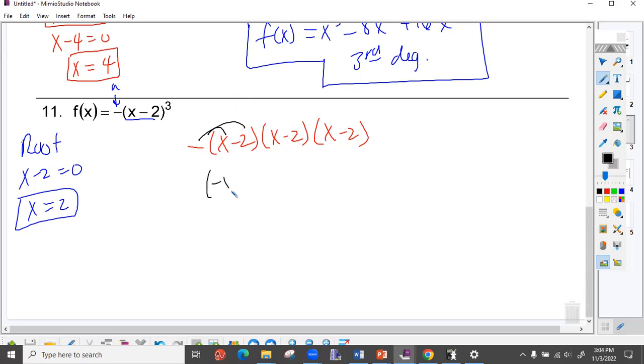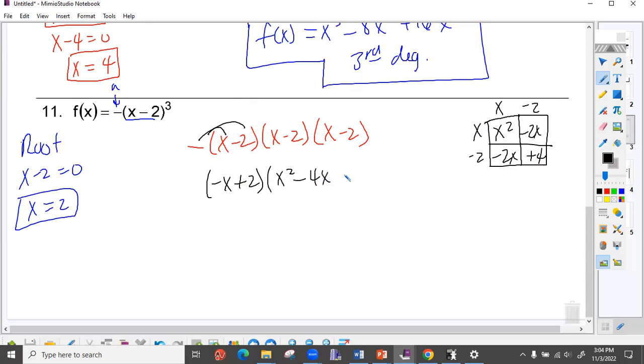So that's going to give me negative x plus 2. And I will use the box instead of FOIL really quick for you. So x minus 2 times x minus 2 gives me x squared minus 2x minus 2x plus 4. And that gives me x squared minus 4x plus 4.